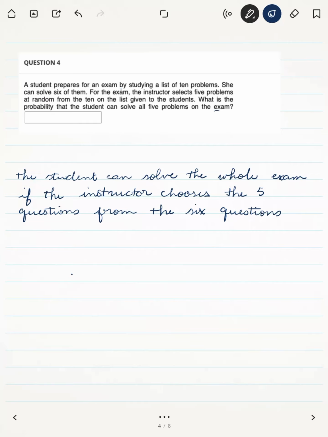Order is not important, repetition is not allowed, so it's going to be 6C5.